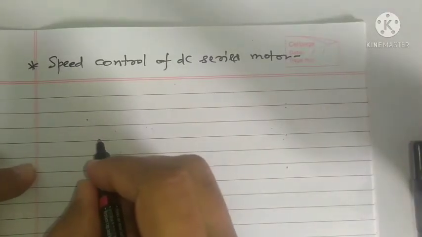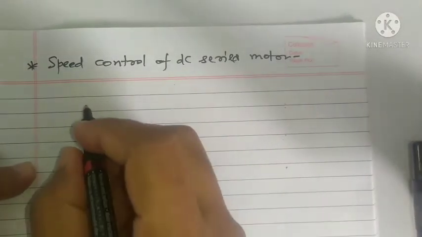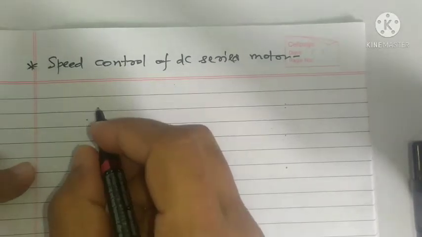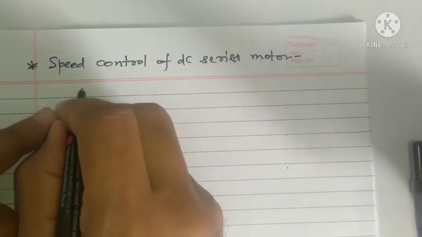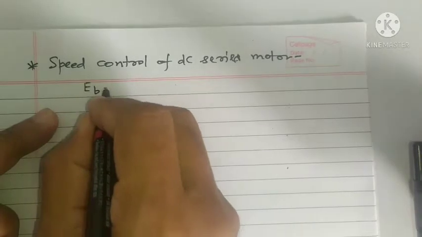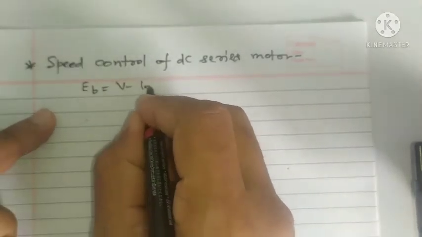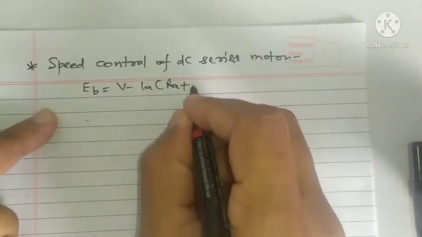Let us learn speed control of DC series motor. We have seen speed control of DC shunt motor. In DC series motor, we know that back EMF will be EB equal to V minus IA (RA plus RSC).